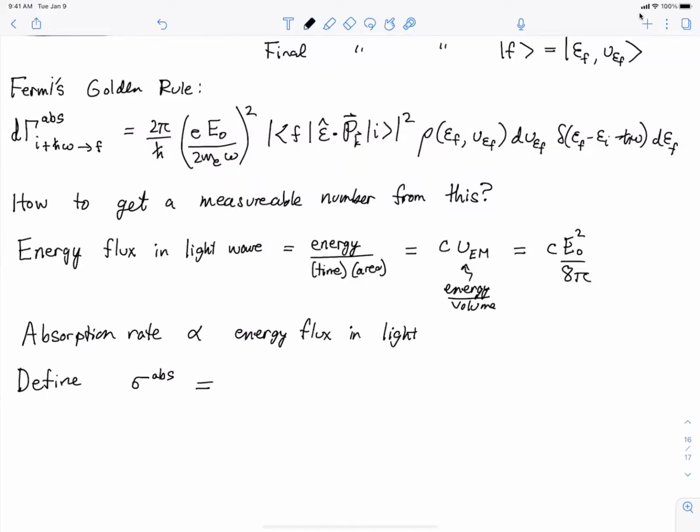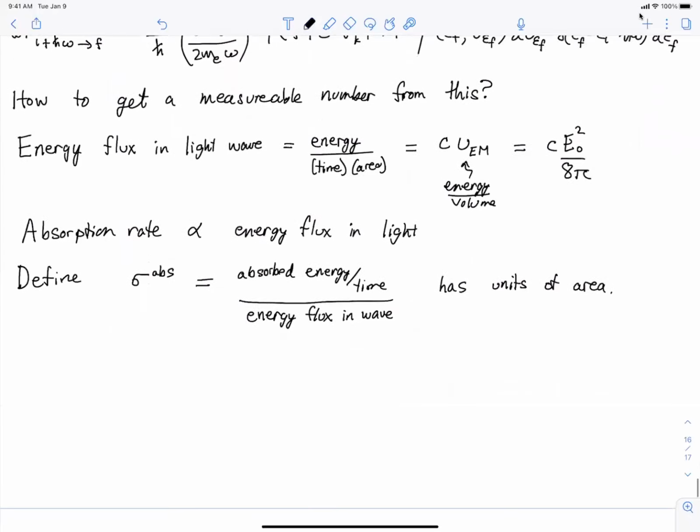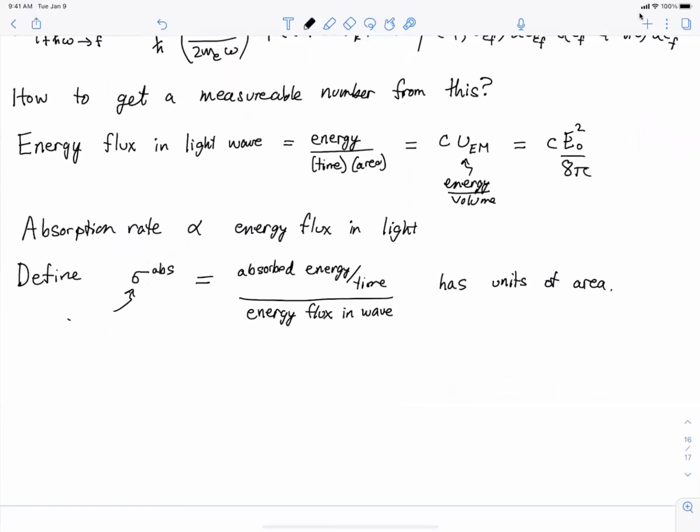This is the cross section. So this is absorbed energy per unit time divided by energy flux in the wave. Okay, and this has units of area. Cross sections always have units of area, and that's what this thing is. This is a cross section.